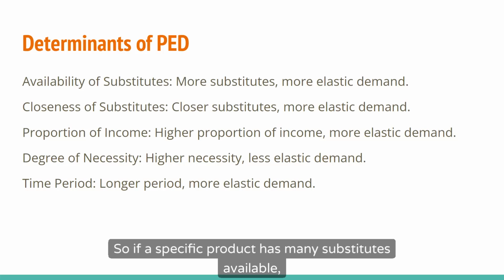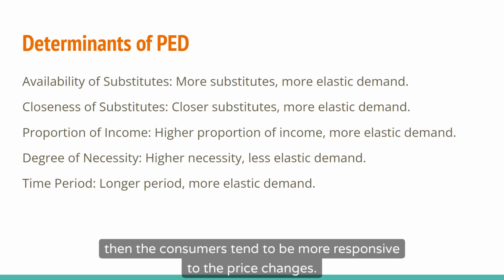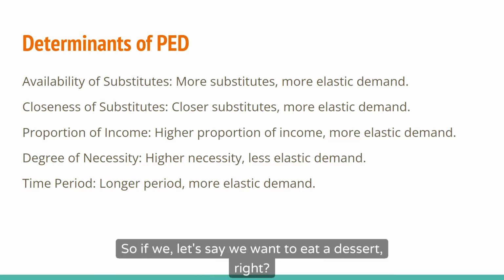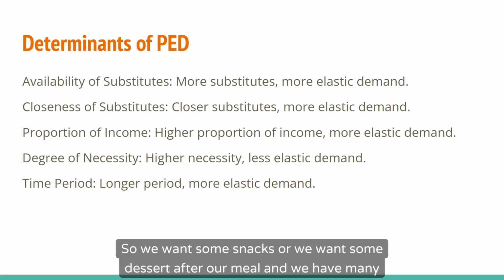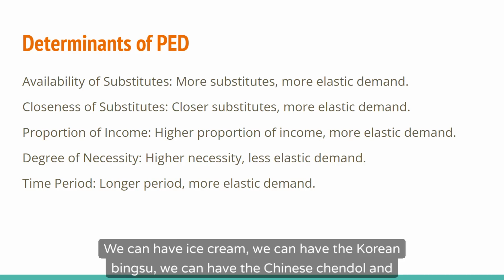If a specific product has many substitutes available, then consumers tend to be more responsive to the price changes. Let's say we want to eat a dessert, so we want some snacks after our meal, and we have many options to choose from. We can have ice cream, the Korean bingsu, the Chinese chendol, and so on.